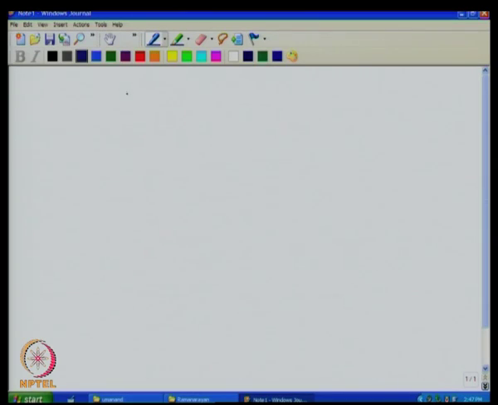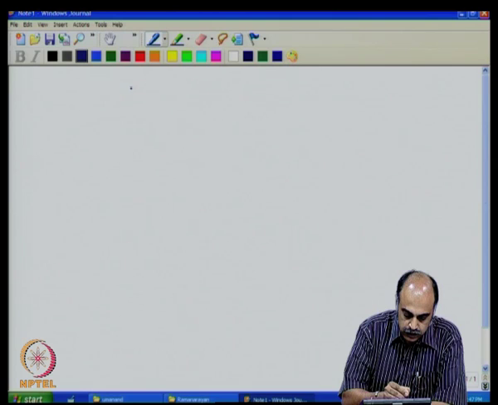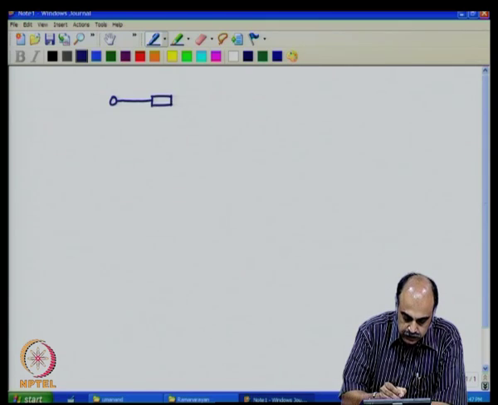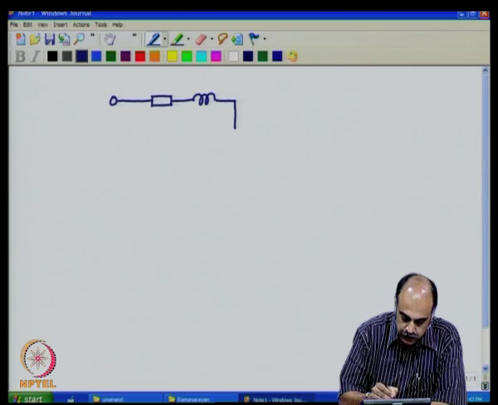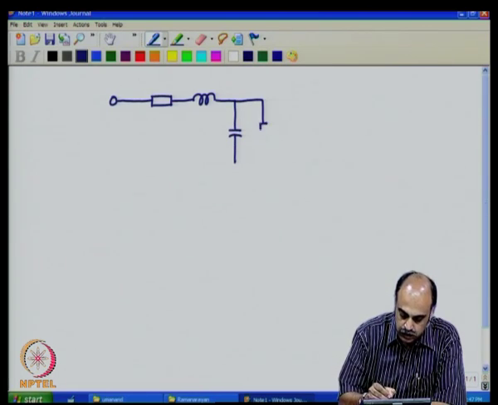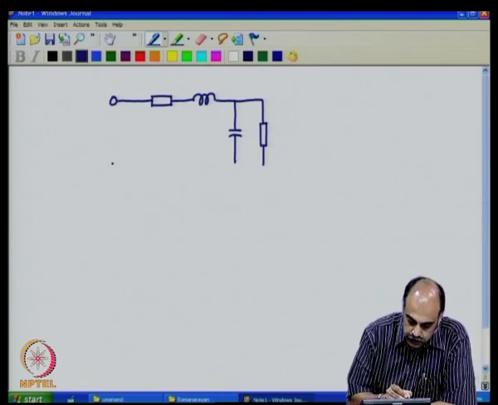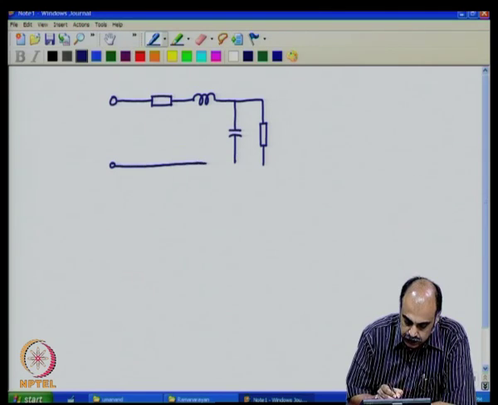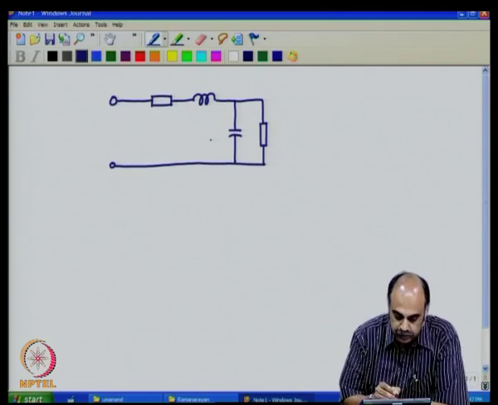Now, if you see, the example of a circuit that we had taken in the last class, the RC circuit, and to this RC circuit we now introduce another element here called the inductor L. So, the inductor is one more dynamic element.